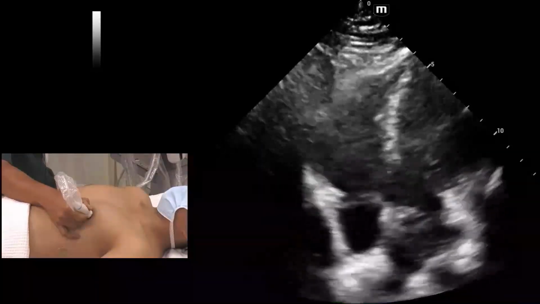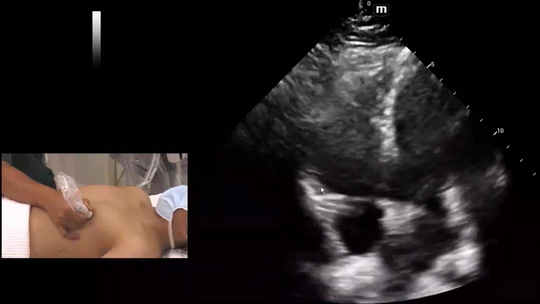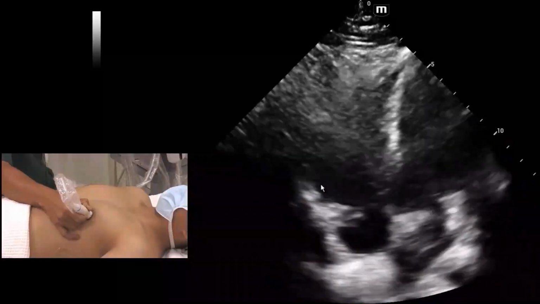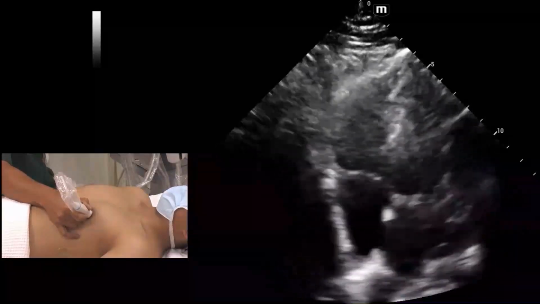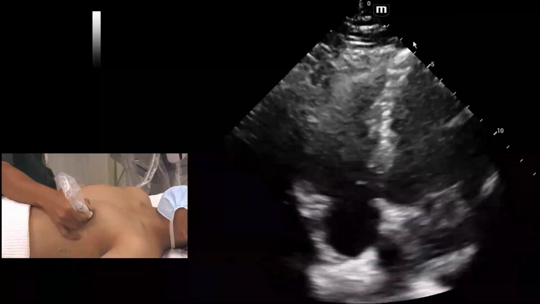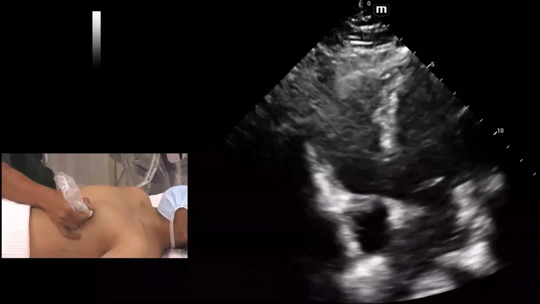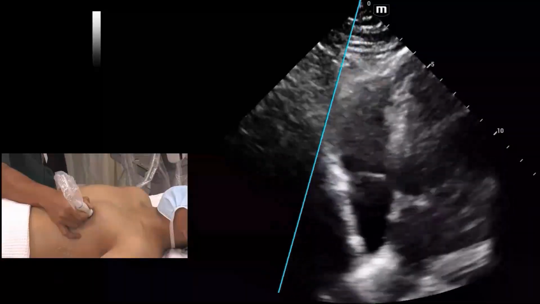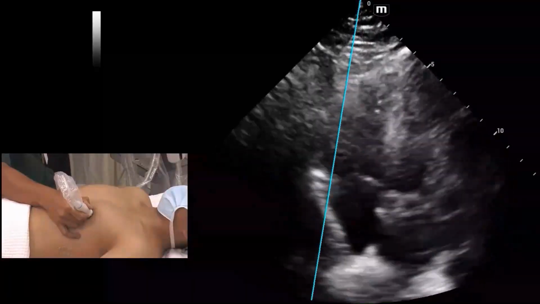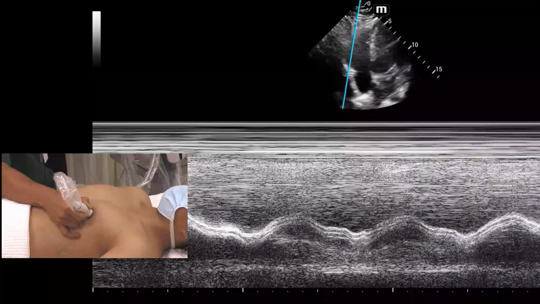How to look at the systolic function of the right heart is by determining how good this motion is, of the lateral part of the tricuspid annulus going towards the apex. The simplest way to track this motion over time is to put an M-mode.